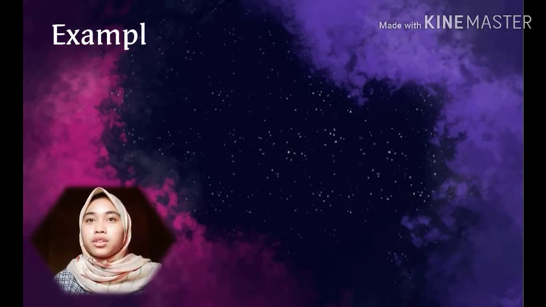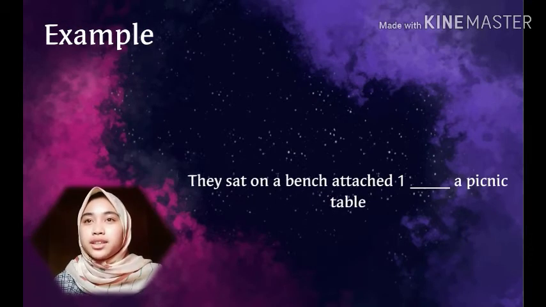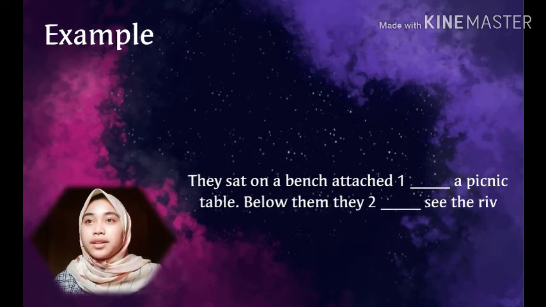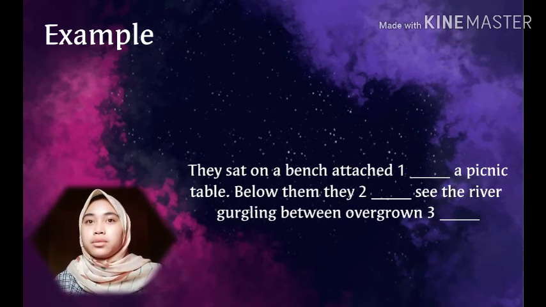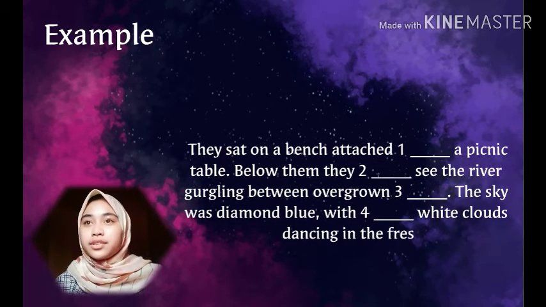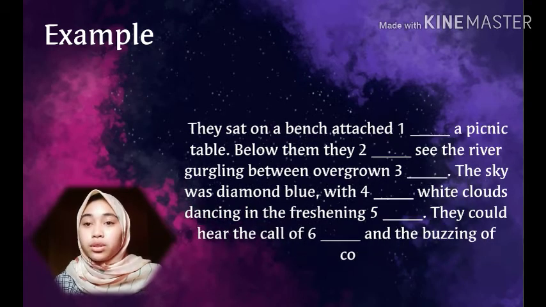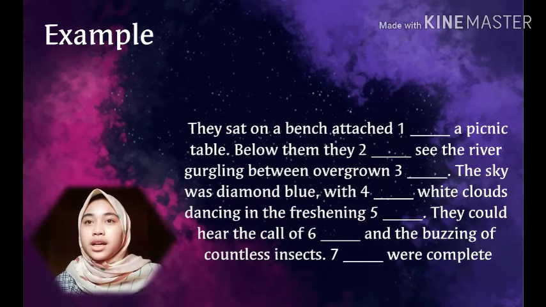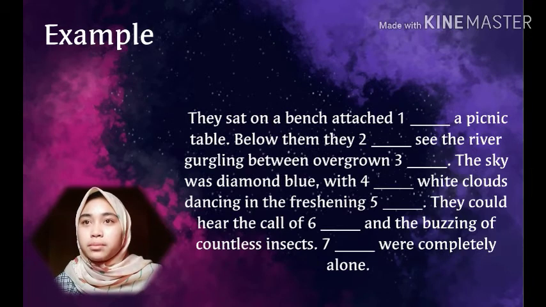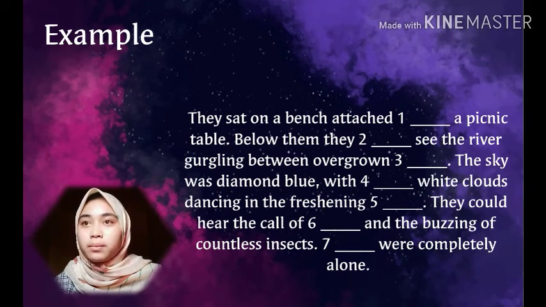Example of a cloze. They sat on a bench, blah blah blah, a picnic table. Below them, blah blah blah, they could see the river gurgling between overgrown, blah blah blah, the sky a diamond blue, with blah blah blah, white clouds dancing in the freshening, blah blah blah.